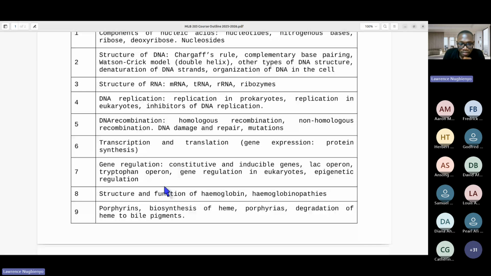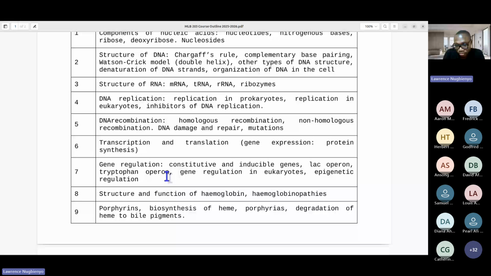We'll move ahead and look at the structure and function of hemoglobin, and then look at some abnormalities, some disease conditions that can occur due to abnormalities in the structure of hemoglobin. We'll look at the process of the synthesis, the production of heme, which is actually the ring structure of hemoglobin, in which you have the metal ion at the center.